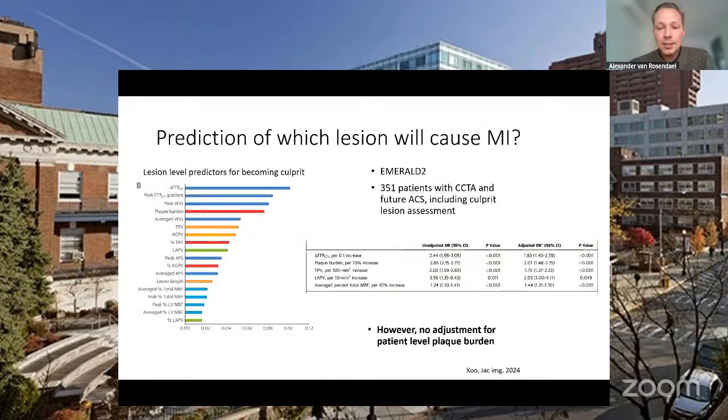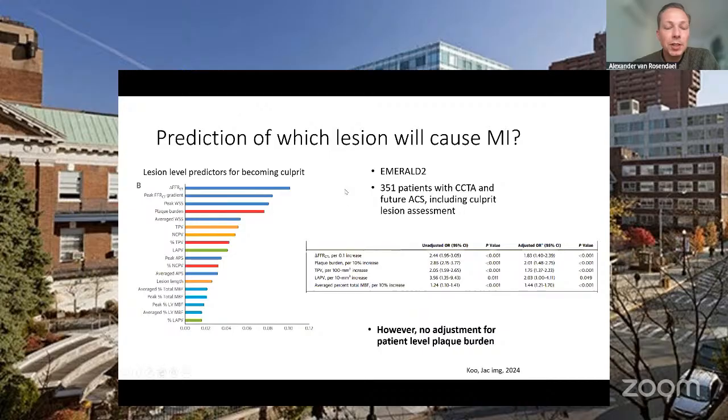So this is another study with FFR-CT where you see that you still need to look at individual lesions. This is a very elegant registry, the Emerald-2, where they have 350,000 patients, where they all got a myocardial infarction and they identified the specific culprit lesion for that myocardial infarction.